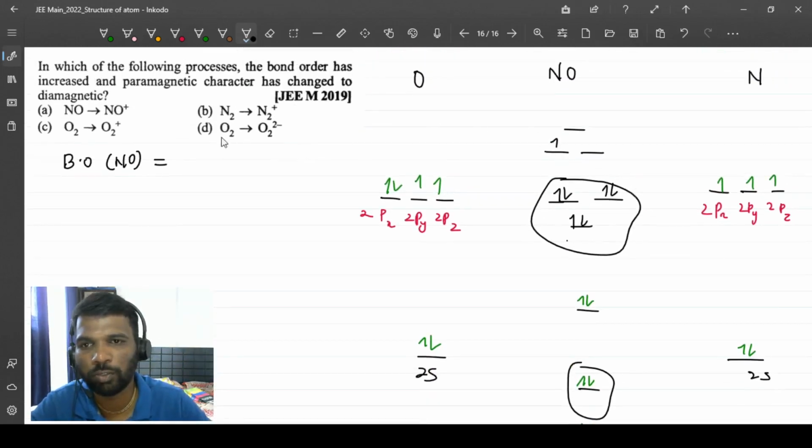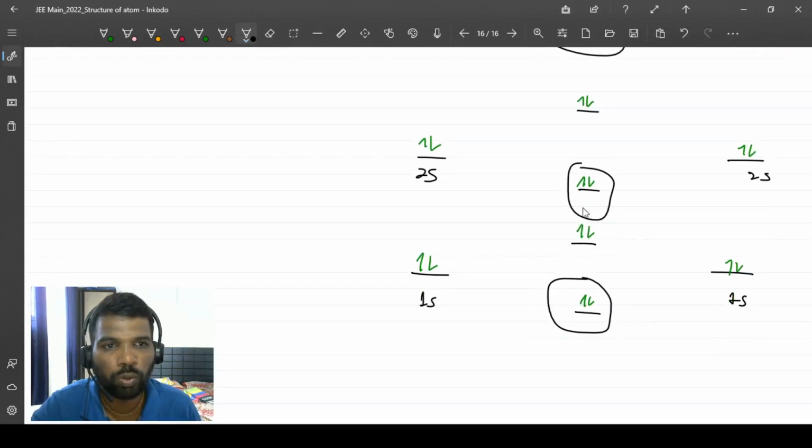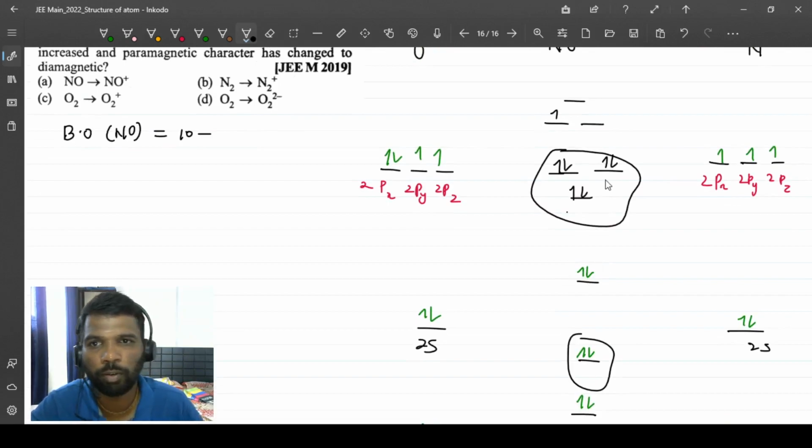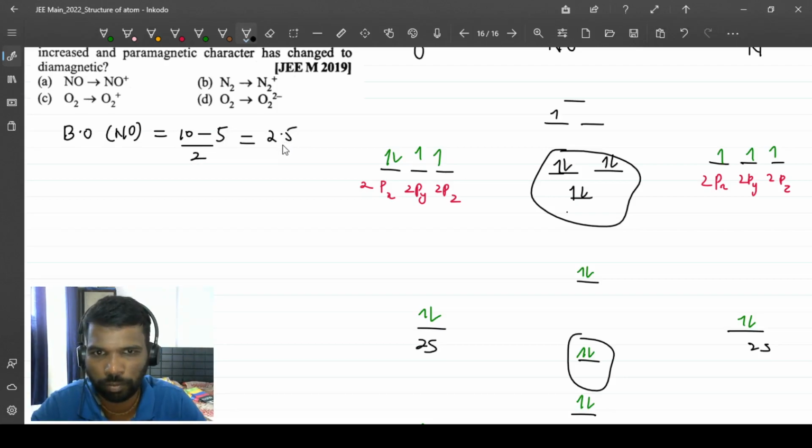Anti-bonding is 2 and 4, 5 divided by 2. So here it will be a 2.5 bond order.